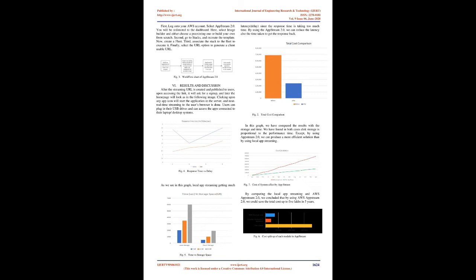3. Proposed system. Clients can begin AppStream 2.0 streaming sessions by using a web browser or by using the AppStream 2.0 client application for a supported device. If they use a web browser, they can use an HTML5 capable browser, for example, Google Chrome, Mozilla Firefox, Safari, Microsoft Edge, and Microsoft Internet Explorer version 11 or later.